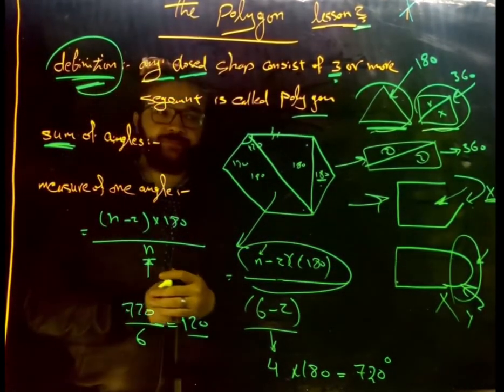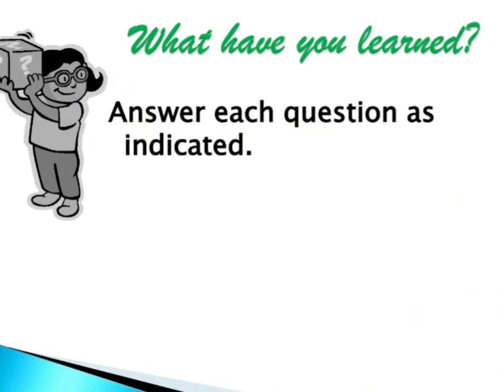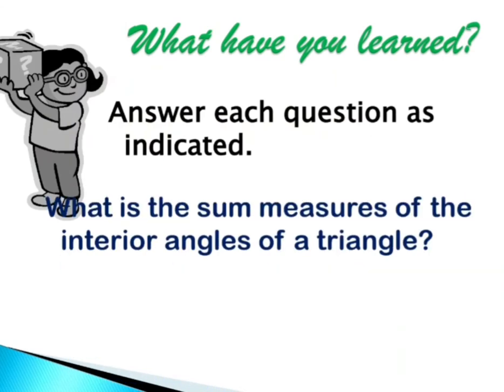Hi student, we will talk about polygons and finding the sum of the interior angles and exterior angles of any polygon. What is the sum of the measures of the interior angles of a triangle?